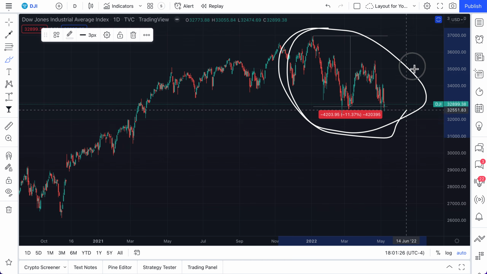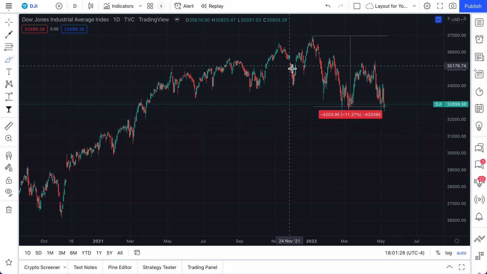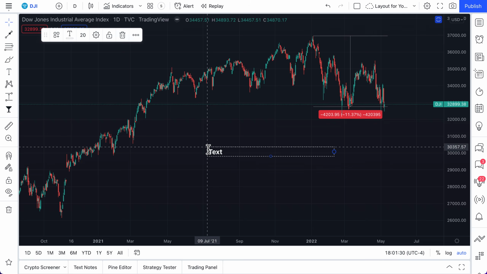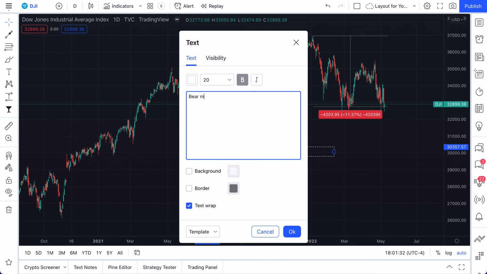Now remember, those are 3 terms you're often going to hear investors and traders toss around. They might say bear market, and people will often measure a bear market by a 20% decline from peak to bottom, and a bear market will actually last for several months, potentially years.